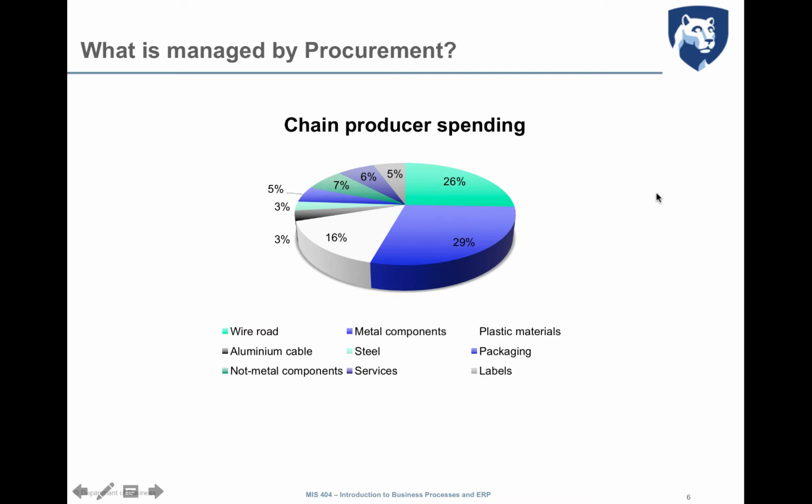This is another example of what a procurement scope can be. It is taken from a chain producer, and here you see the analysis of its spending.